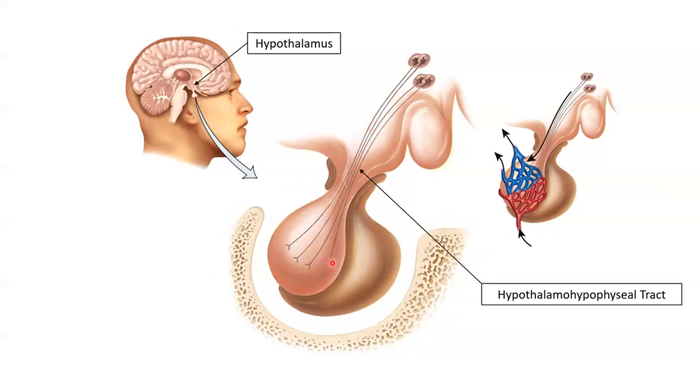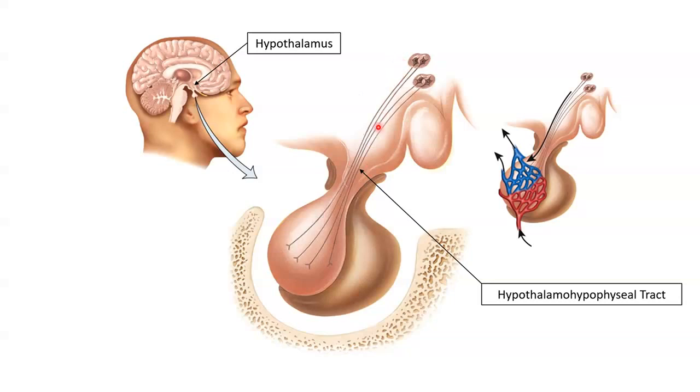Now, this is a little bit different to how our posterior pituitary gland works. Our posterior pituitary gland is connected to the hypothalamus via a collection of nerves. These axons begin in the hypothalamus and then extend all the way down to the posterior pituitary gland, where they meet the capillaries that we then secrete those hormones into. The posterior pituitary gland doesn't actually produce any of the hormones itself. The hormones that we produce in the hypothalamus, we package into vesicles.